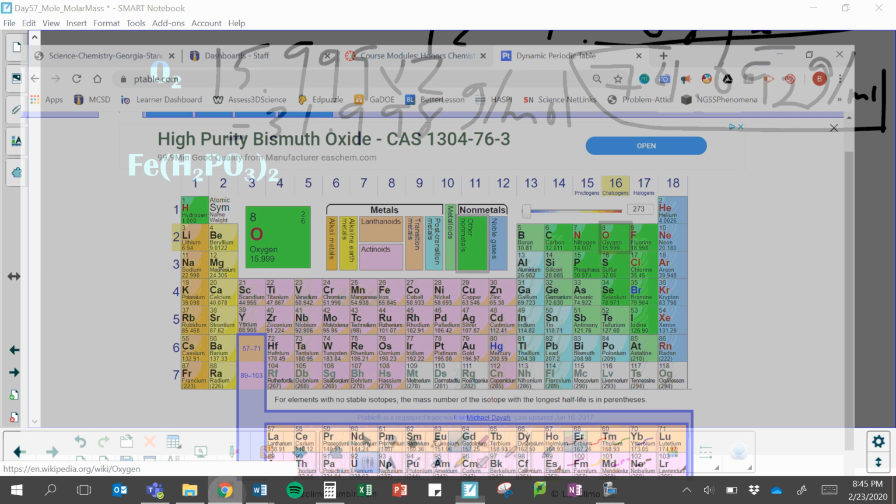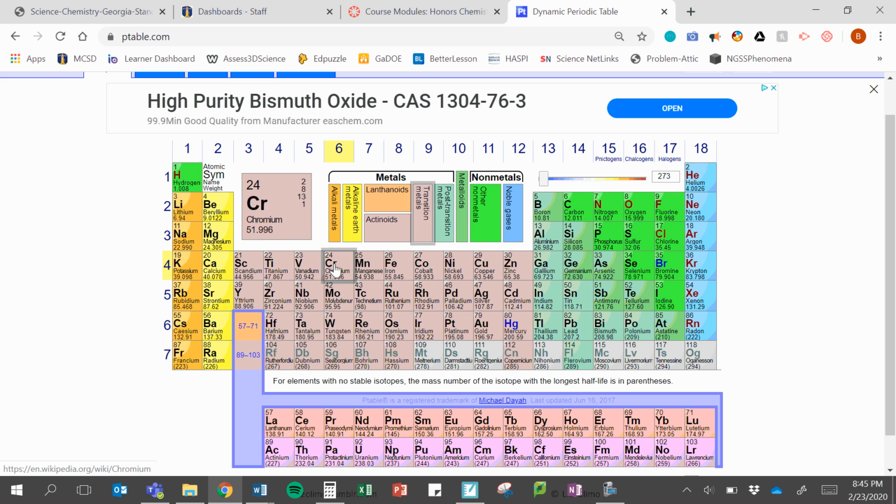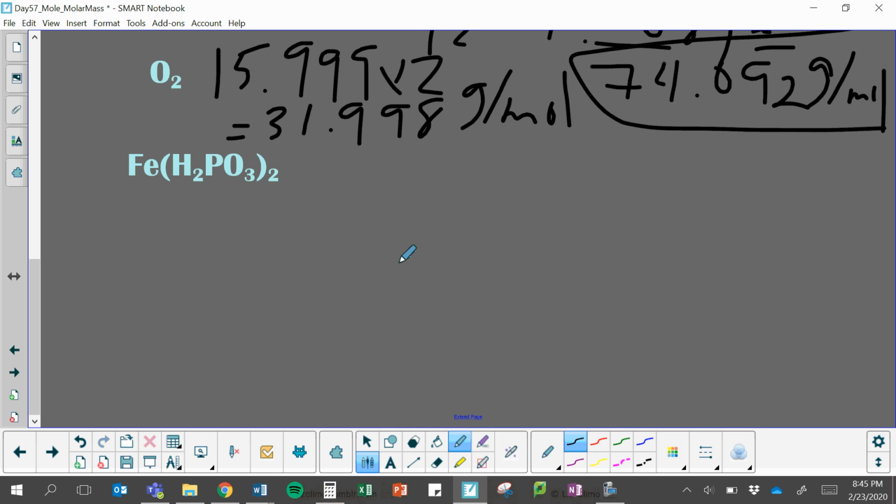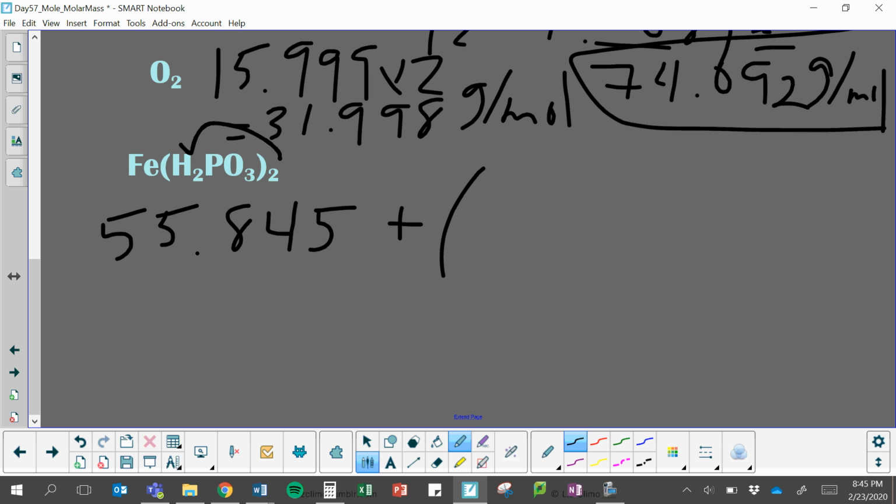Okay, this one we're going to start with iron, 55.845. So this one's a little trickier. We actually have 4 total hydrogens because we have 2 of this whole thing. So we have 4 times our hydrogen, which is 1.008.